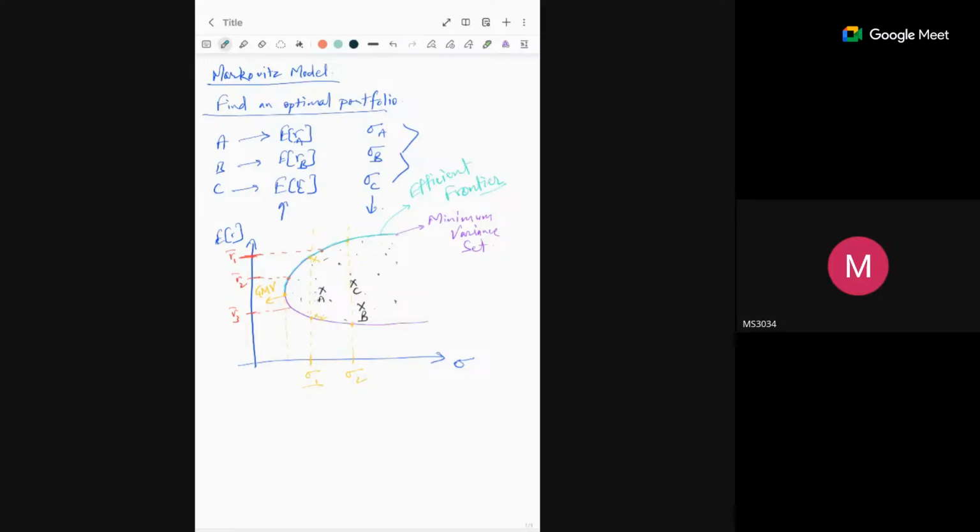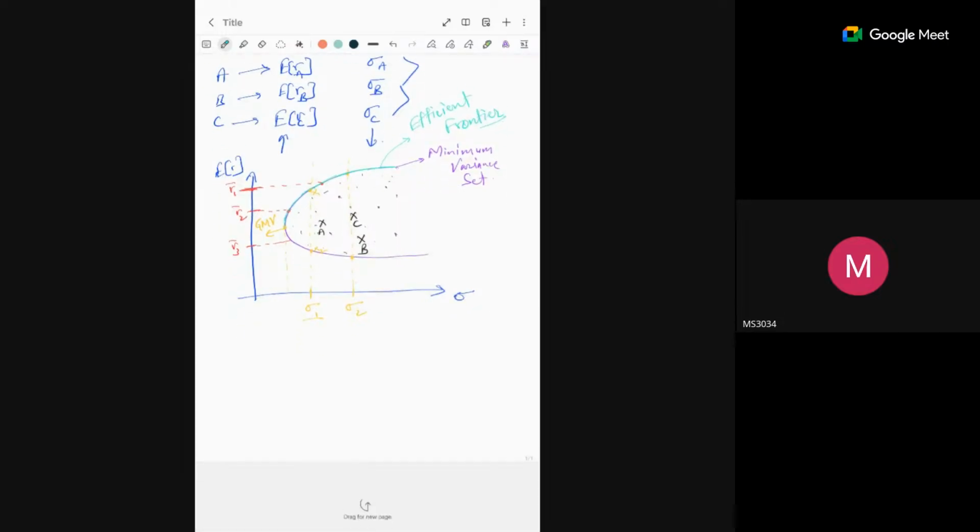Okay, so this we have done if I have only the risky assets available to me. For risky assets, there is some expected return, and there is some risk involved in the form of the standard deviation of your returns. From these combinations, you are able to find your efficient frontier. So this is the first step of the Markowitz model.